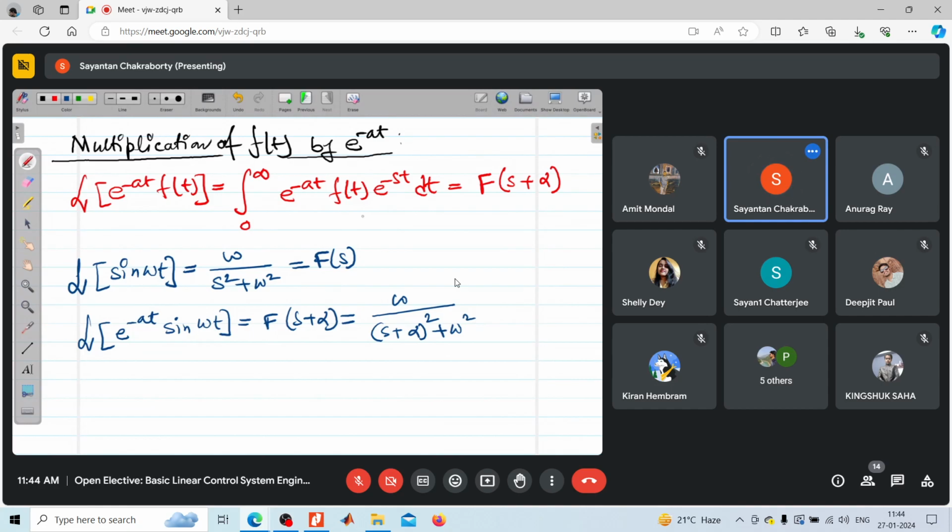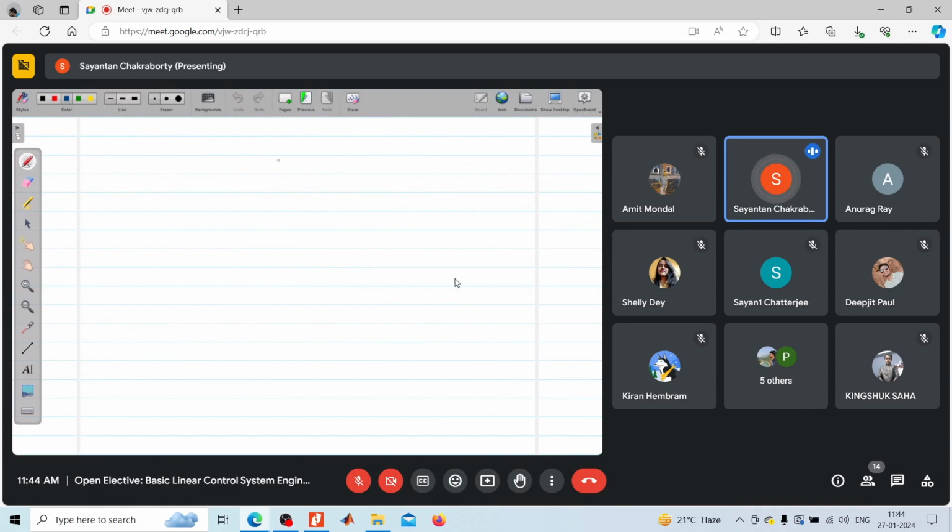So these are the very common functions that we have to understand or recap to carry out our study of the Laplace transform. Now, moving on, there are some theorems based on the Laplace transform. I'll also share a PDF where I've extracted that from a particular textbook, which you should go through, and there will be a table of Laplace transforms.